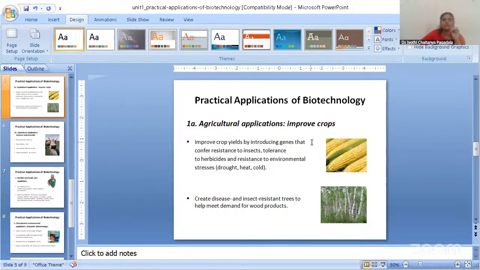Also, does the Bt protein affect humans? And do genetically engineered foods cause food allergies? The first question I want to discuss here is, does the Bt protein affect humans?